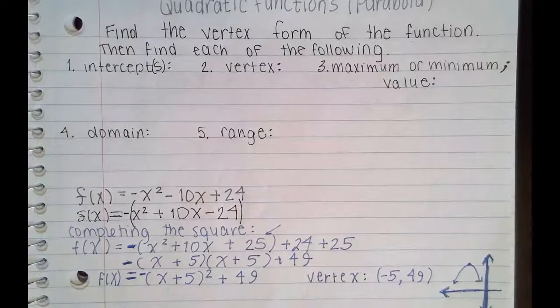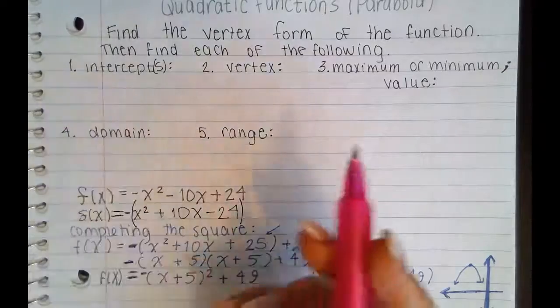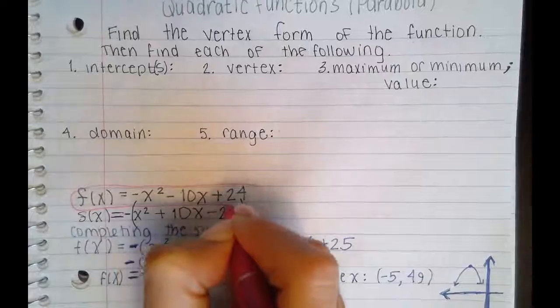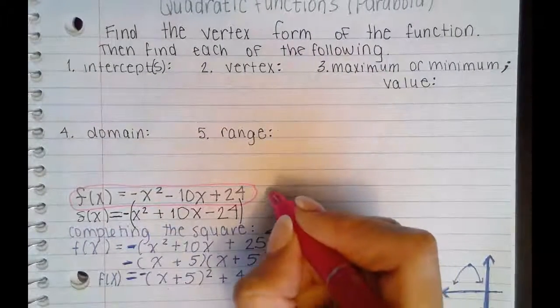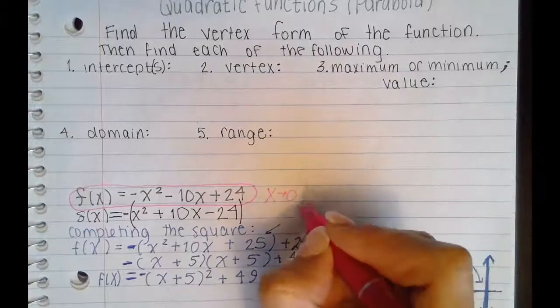First thing I'm going to fill in, let's find my intercepts. That means I'm going to find my x and y intercepts. If you look at it in this form right over here, this is called standard form. If we fill in 0 for x, my y will equal what? When x is 0, I'm on the y-axis.